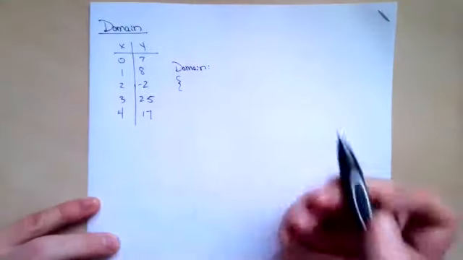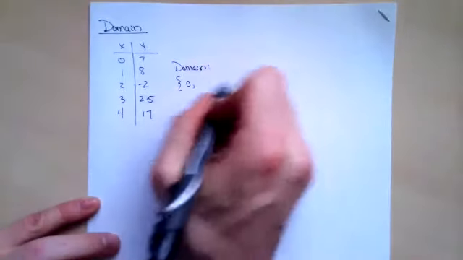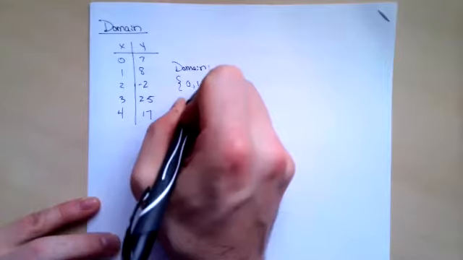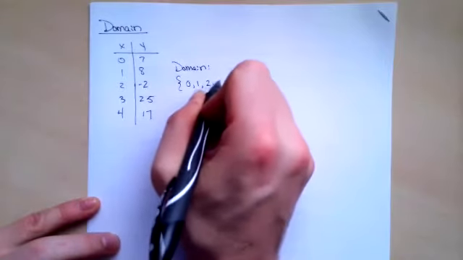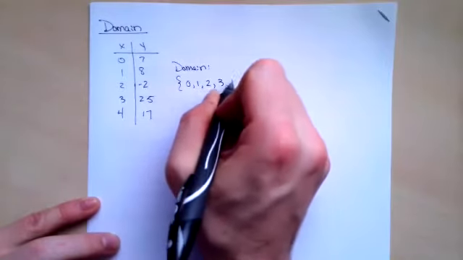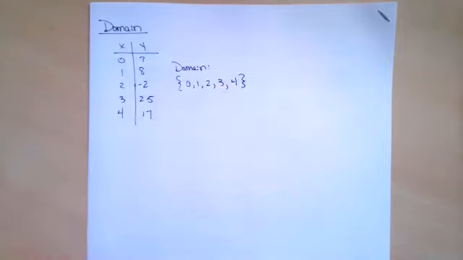We simply list the set of x values, in which case set notation would be best for this, because it's only a finite set. We just list them all with commas in between squiggle brackets. That's all there is to it for tables. You're only given a small portion of the data, and so your domain is only the x values you have.